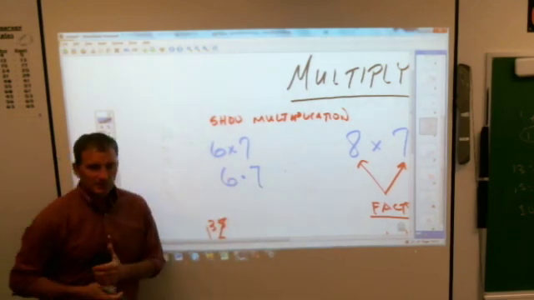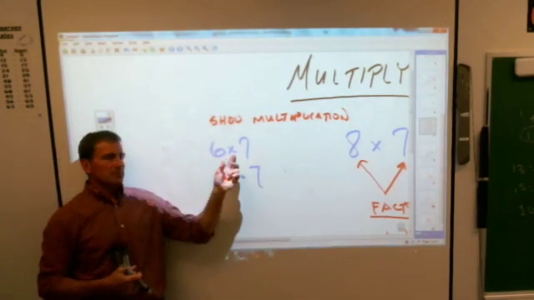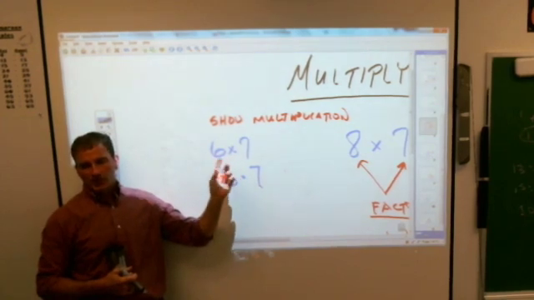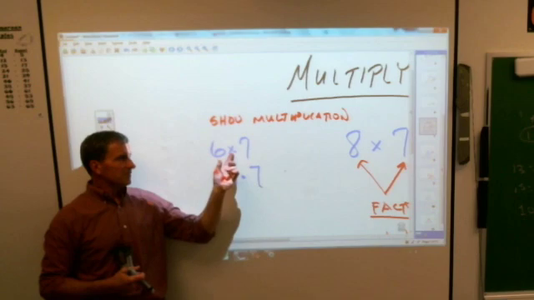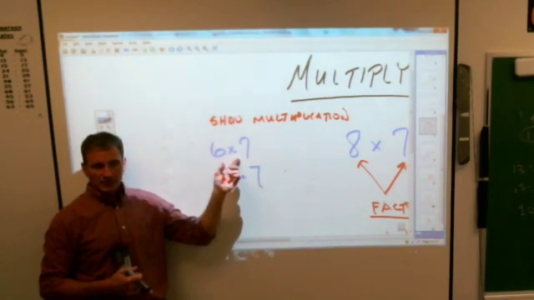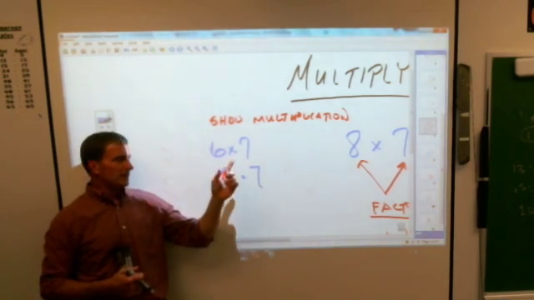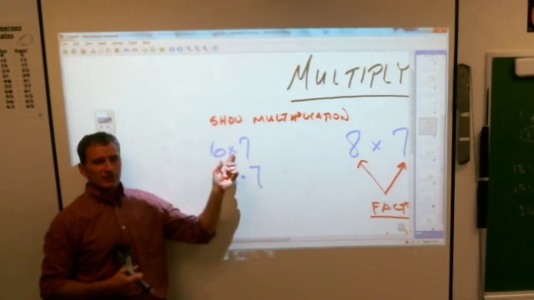Why do you suppose sometimes we don't want to use that as our multiplication sign, especially when you get to hard math? Frankie? Well, maybe the question is what 6x is. Right, because in math a lot of times we use letters to stand for numbers. So somebody might get confused whether that's a multiplication sign or an X.